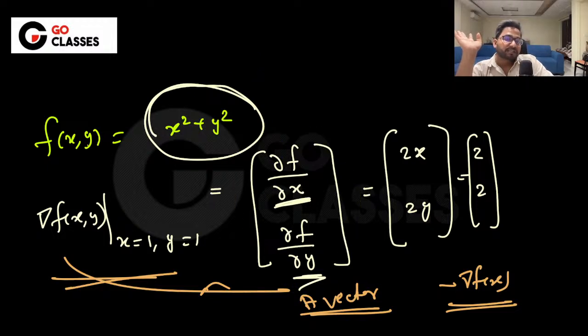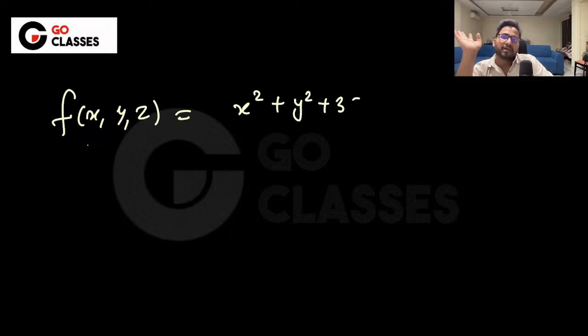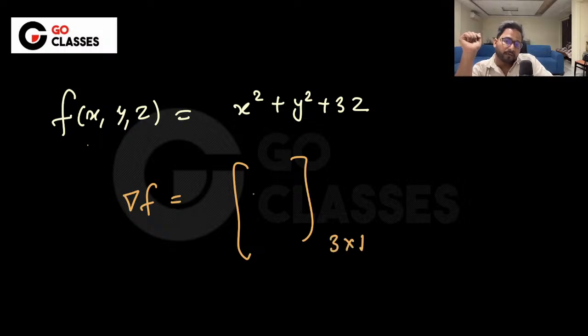Similarly, if I have f(x,y,z), let's suppose x square plus y square plus 3z, a function of 3 variables, then grad will be 3 into 1: del x, del y, and del z.